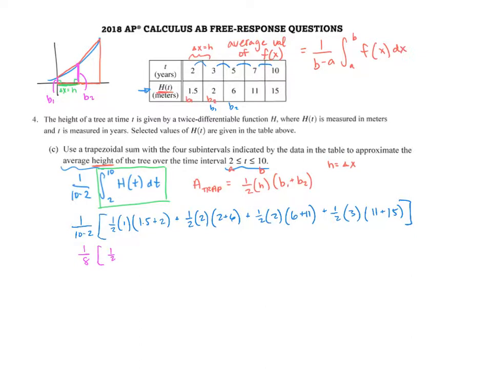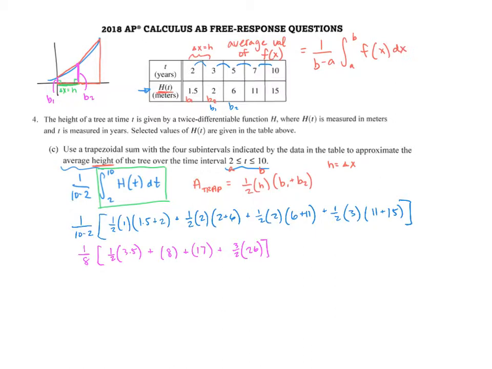So 1/2 of 3.5 plus 8 plus 17 plus 3/2 of, is that 26? So the reason you don't have to keep going is because this is where people are going to make mistakes, and you don't have to do this part.